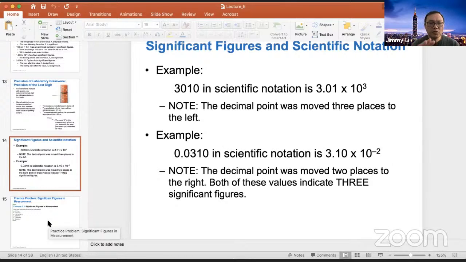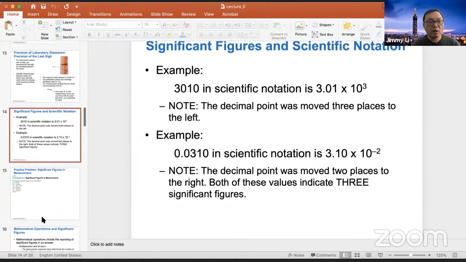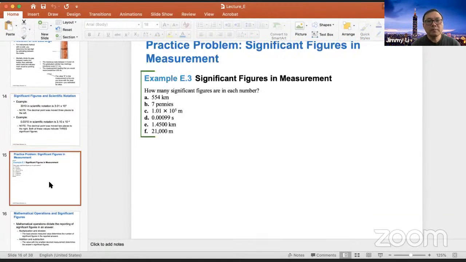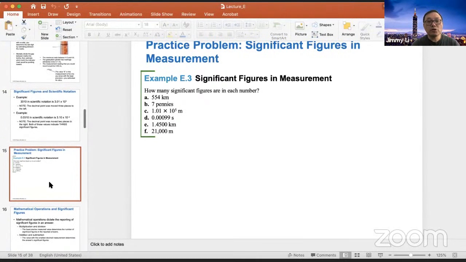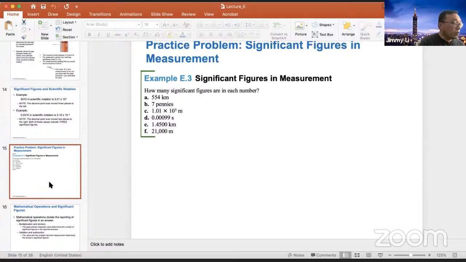For this live recording, I just want to do more on the lecture side and explain all the technical parts of the course, and I'll use our Zoom meeting for that. Okay, so this is an example of how many significant figures. I'm pretty sure you should do pretty well. All right, this is example E3.